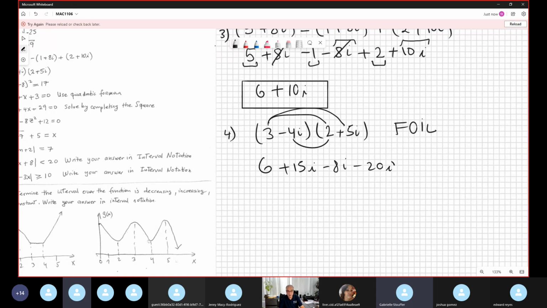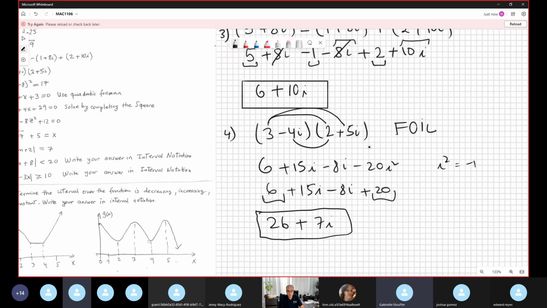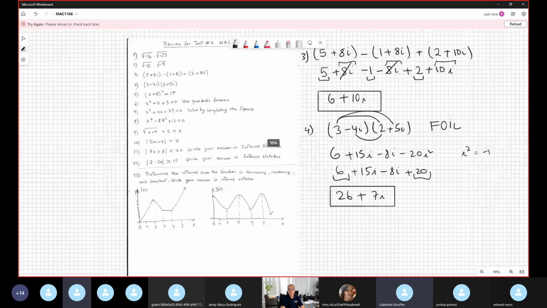It's 20i squared. So negative times positive is negative, and i times i is i squared. You are doing one extra step, in which you replace by positive 20, because I know i squared is -1, and negative double is positive. So you combine real, 6 plus 7, 15 minus 8 is 7. Okay, boom, that's it. Easy or not? Easy. I know.